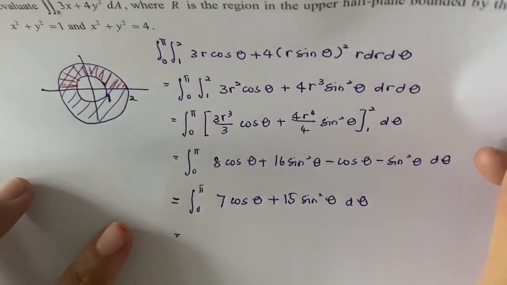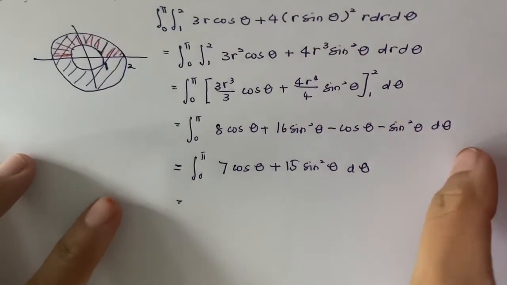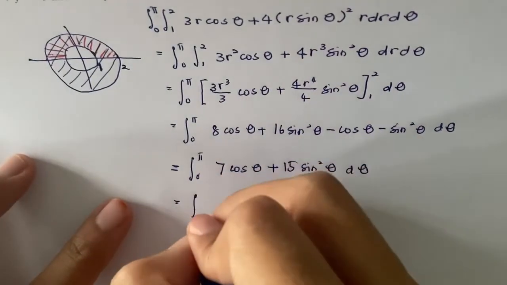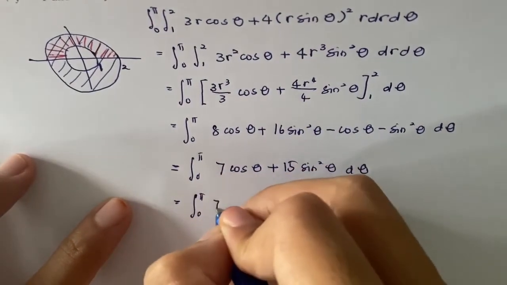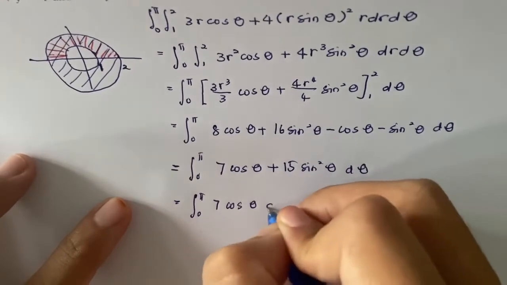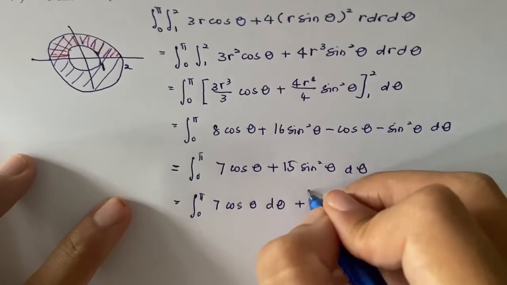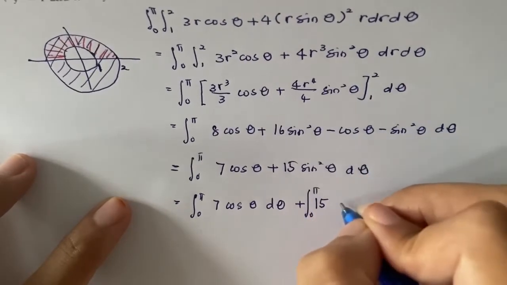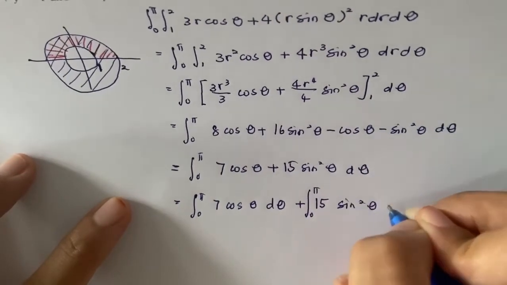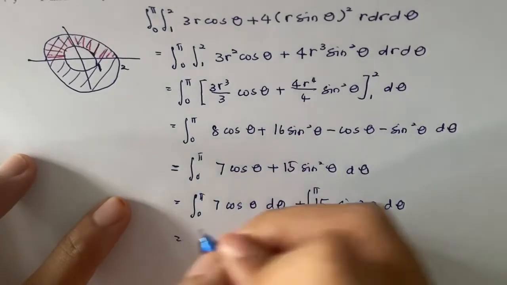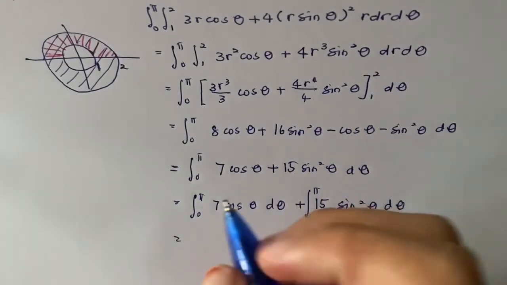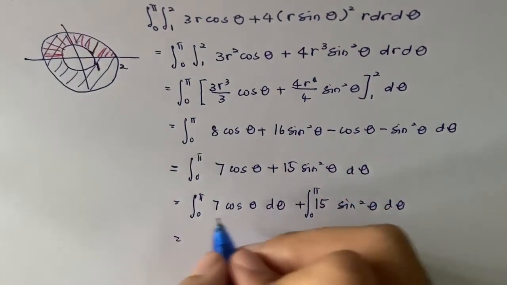Okay, do the integration. You can use the property. So you have 0 to pi 7 cos theta d theta plus 15 0 to pi sine square theta d theta. Okay, so you can directly solve for this first integration.